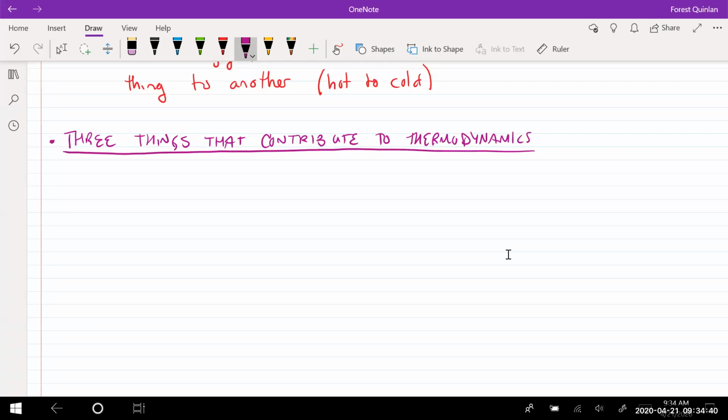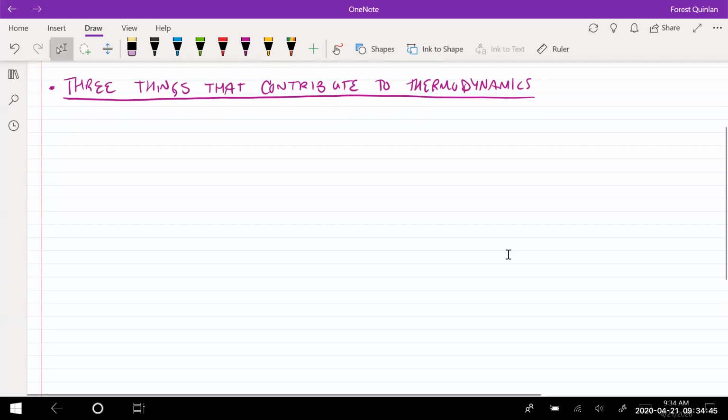Ooh, one of my longest titles there. These 3 things are delta H, which is called the change. You guys will recognize that delta. The change in something called enthalpy.